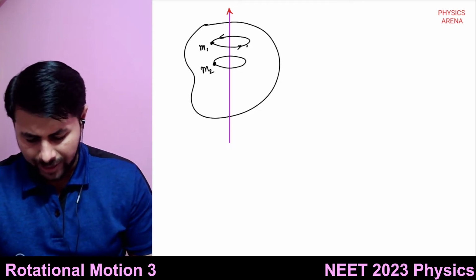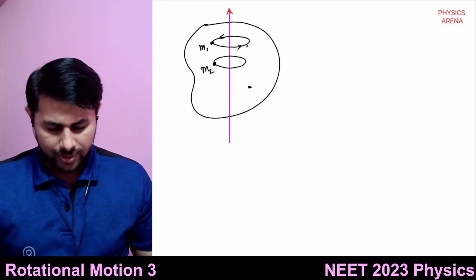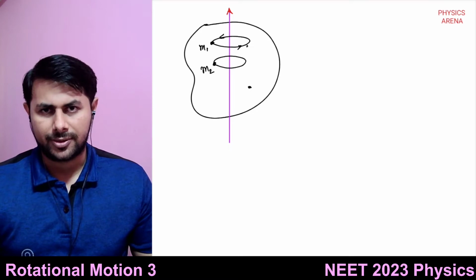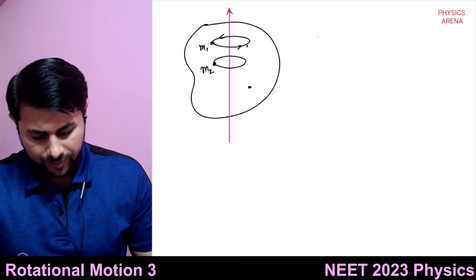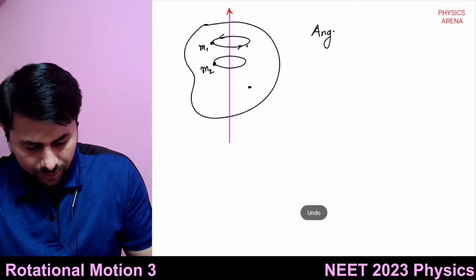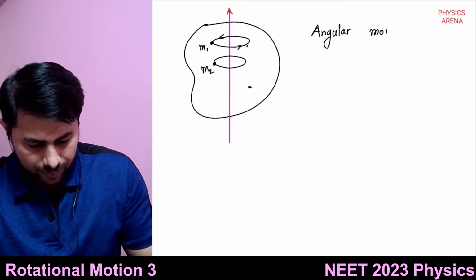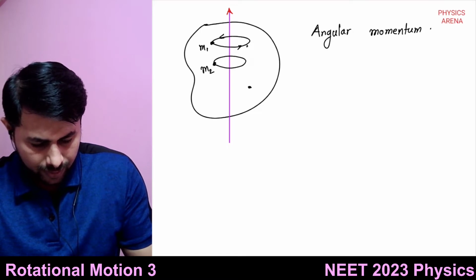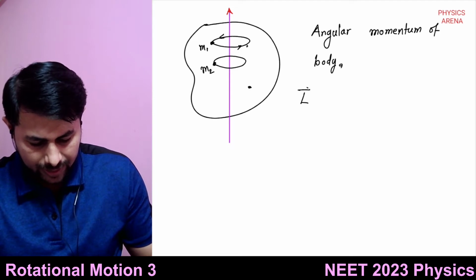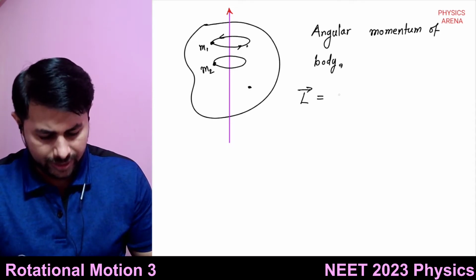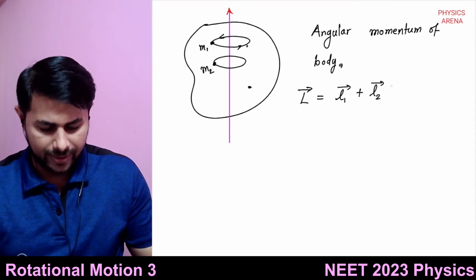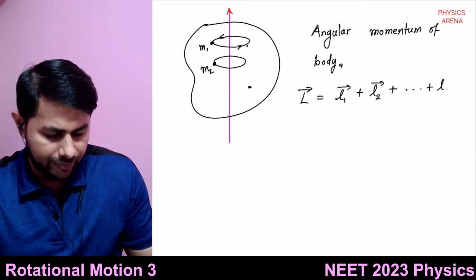So there are n number of particles in this body. If you add up the angular momentum of all those particles, what will you get? You will get the angular momentum of the body. The angular momentum of the body, we'll call it capital L bar, is equal to the sum of the angular momenta of all the particles within the body.